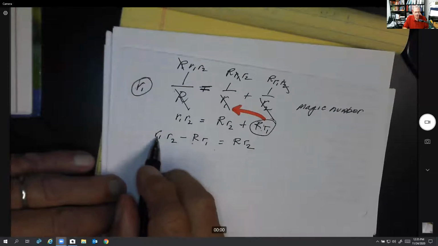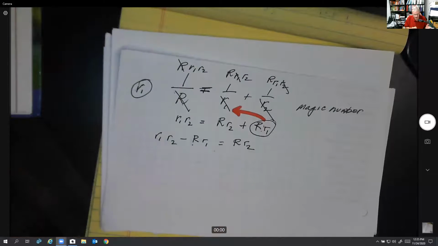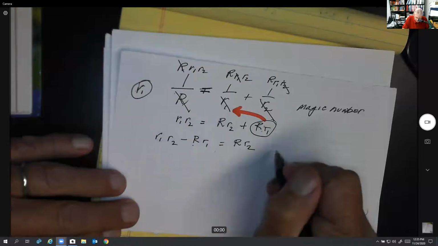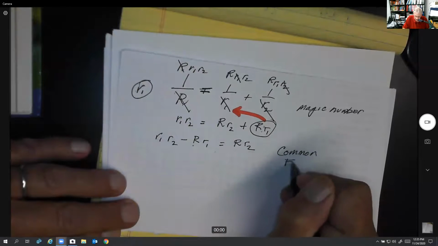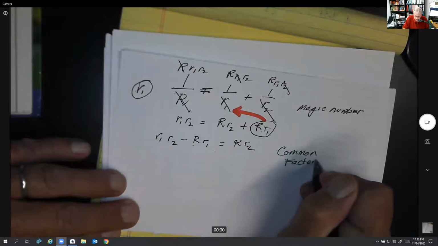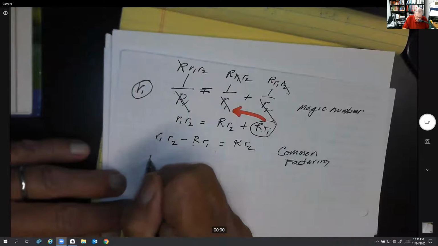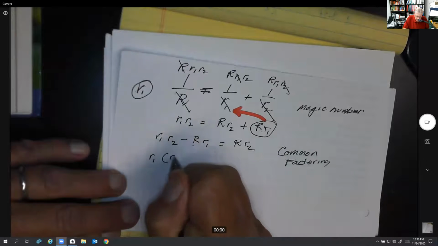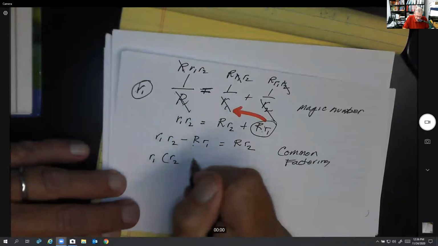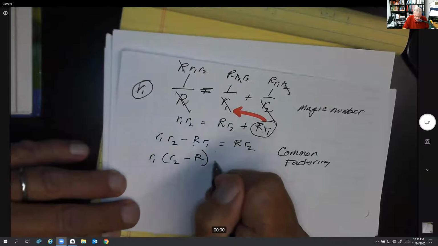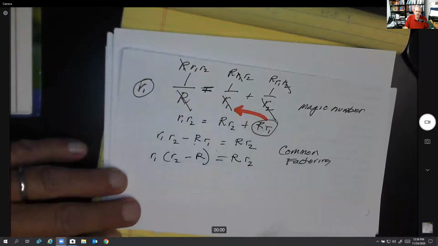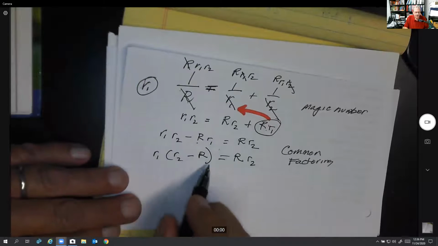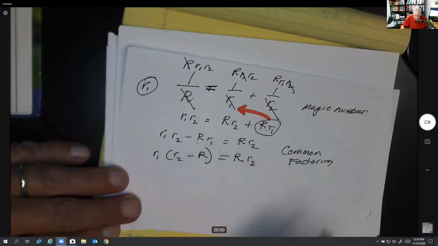Now, R1 and R1 are here, but how do we get them together? Factor, common factor, common factoring. So we're going to pull out that R1. We have an R2. We're going to pull it out of here. We got a cap R equals R1 times R2. Finally, we want to get this out of there. We want R1 by itself.